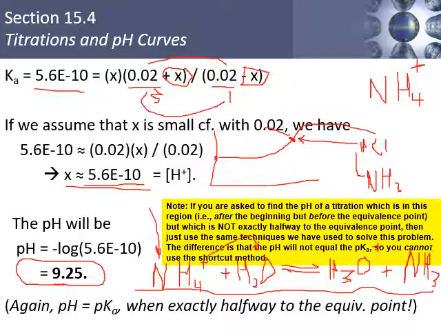So you have to figure out what the concentration is of that. If you're at the equivalence point, what that means is that you've had the same number of moles of acid as you had of base originally. That's going to be the same number of moles that you're going to have of the NH4+, because every time 1 mole of NH3 reacts with 1 mole of HCl, it produces 1 mole of NH4+.